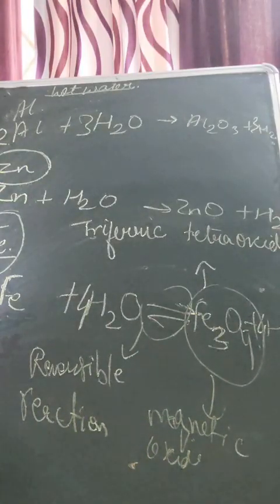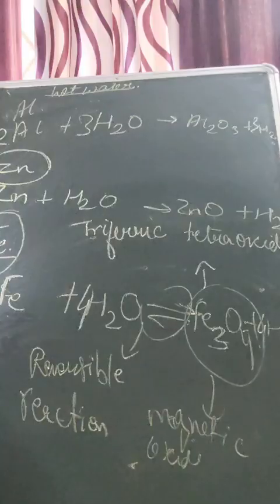Then if we take aluminium, when we immerse it in the hot water, after some time the reaction stops because a coating of aluminium oxide is formed on the aluminium, which further stops the reaction. Before aluminium, we have seen magnesium. Now, magnesium is also very expensive.